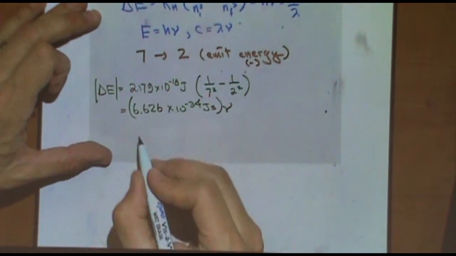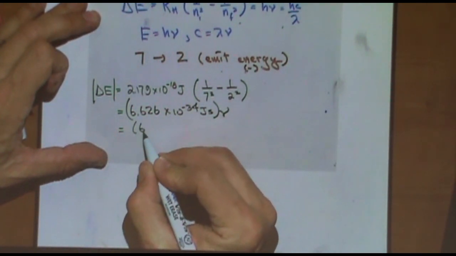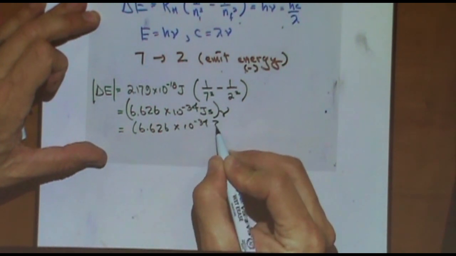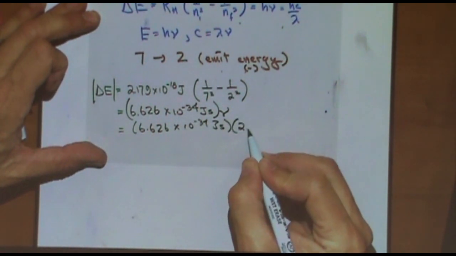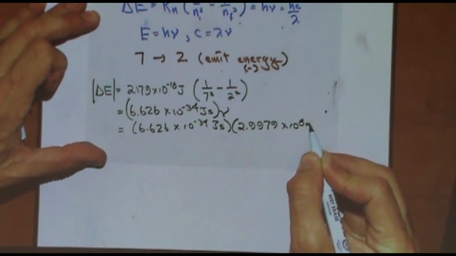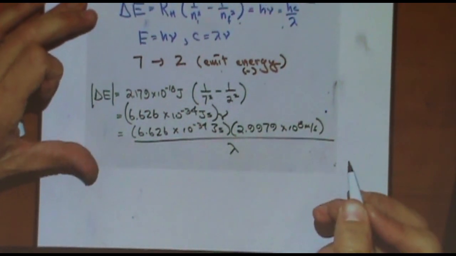So you can solve for nu. Or you can solve for lambda in the upper right of the screen. It would be h, 6.626 times 10 to the minus 34 joule seconds times c, 2.9979 times 10 to the 8th meters per second, all over lambda.